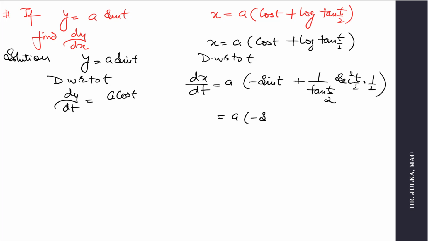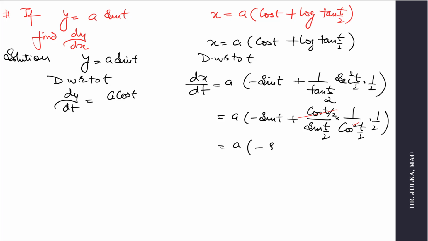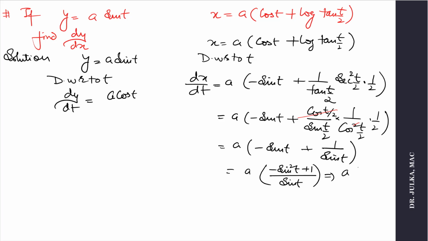After simplification, we will get a times minus sin t plus cos t by 2 divided by sin t by 2 whole multiplied by 1 upon cos square t by 2 into 1 by 2, which equals a times minus sin t plus 1 upon sin t. After LCM and simplification, we will get the answer a cos square t divided by sin t.